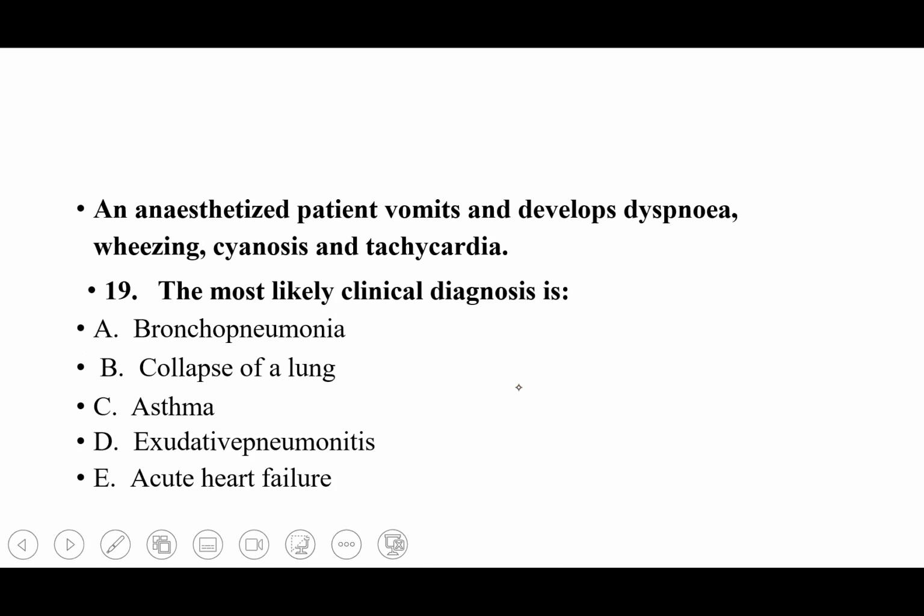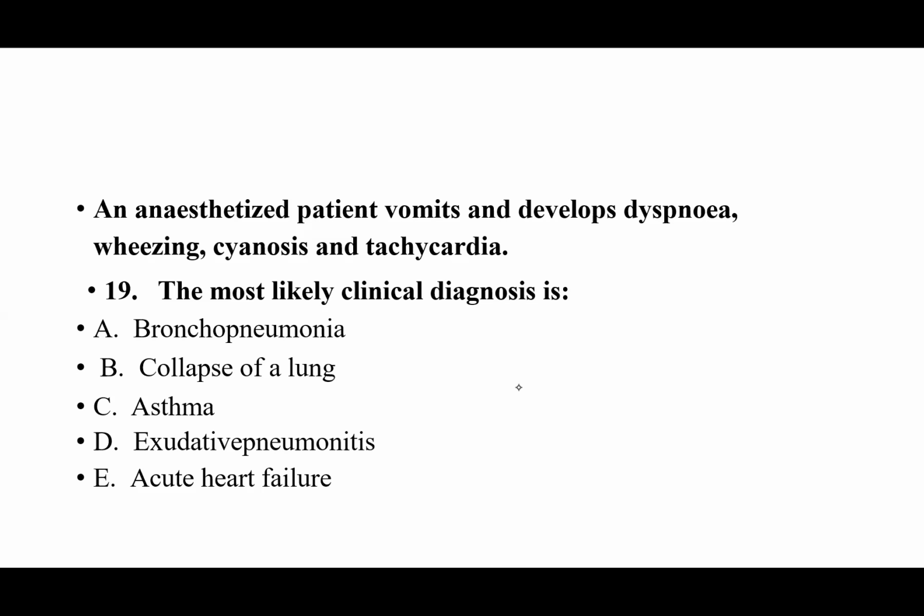This anesthesia appears many times in perioperative care. Sometimes when you see questions, you think they are anesthesia questions, but rather it is from perioperative management. As we mentioned at the beginning, perioperative care could be pre-operative, intraoperative, or post-operative care. Anesthetized patients vomit and develop dyspnea, wheezing, cyanosis, and tachycardia.